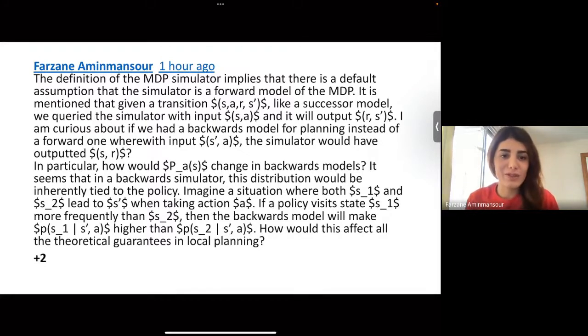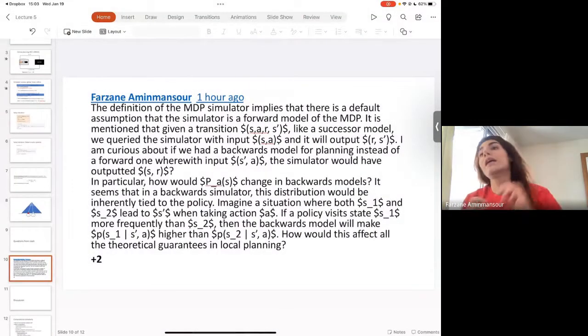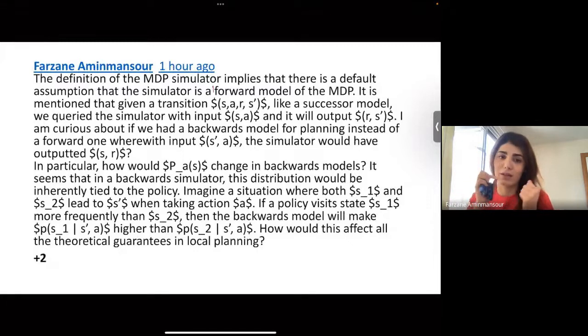Okay. My question is again about the MDP simulator and assumptions on that. From what I understood from the definition, our assumption is that we are working with a forward model, because given a transition of S, A, reward, and S prime, the next state, we are inputting the current state and action to the simulator, and then we get reward and next state.